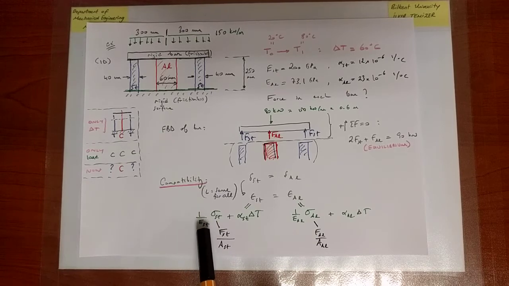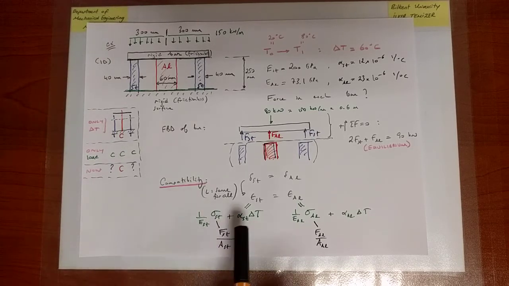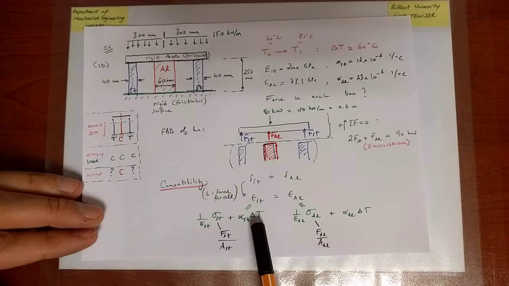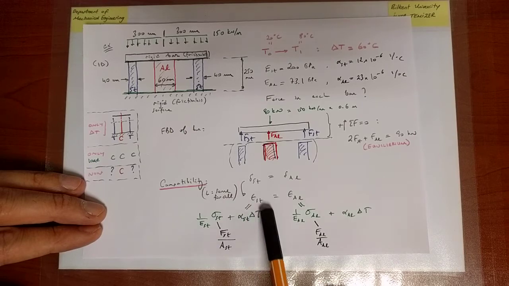So, remember that the generalized Hooke's law, or for that matter, the relation between stress and strain, works with the signs inside. It's not working in a qualitative fashion with compressive, tensile, etc. Because we have physical parameters that tell us that you will get a positive strain if delta T is positive, and negative strain if delta T is negative. So the signs are embedded in the values themselves of the quantities.